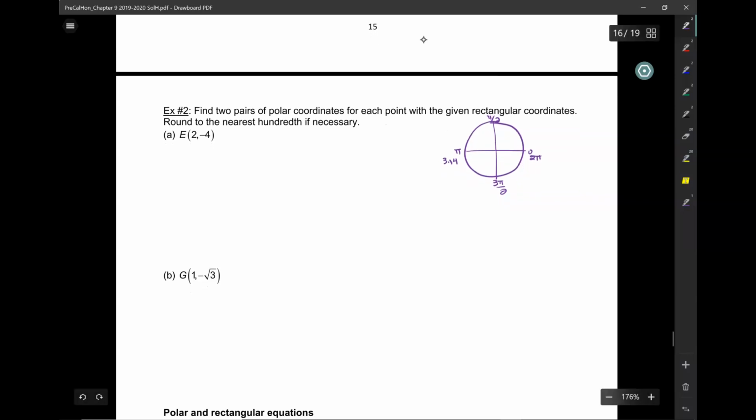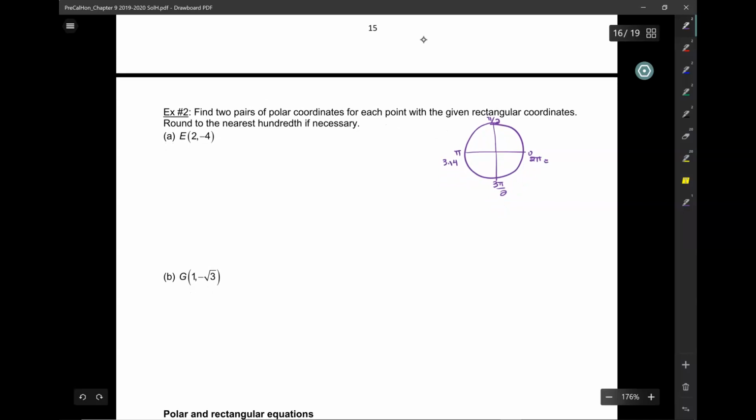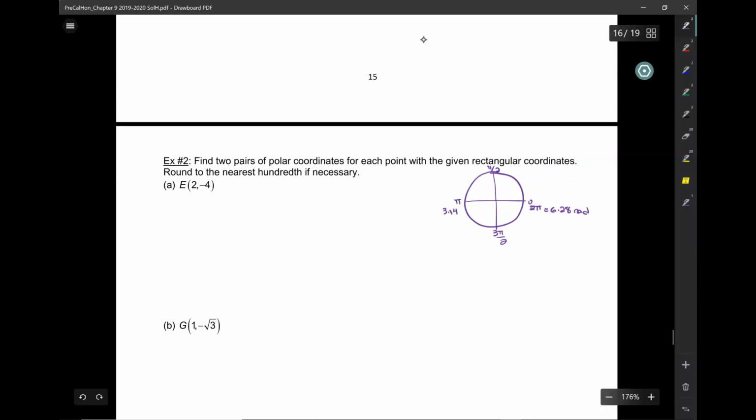That means that 2 pi is actually 6.28 radians. If pi is 3.14, what's pi over 2? Half a pi, that's half of 3.14, 1.57.